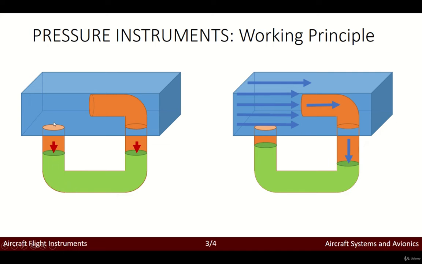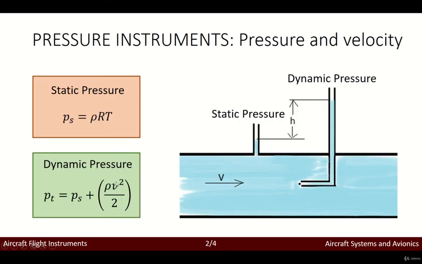So the idea is that by having a hole over here and a hole over here, we will be perceiving the same static pressure because there's no velocity. Velocity is 0, and if we go to what we were defining before, this component over here is 0, so the static and total pressure become the same.